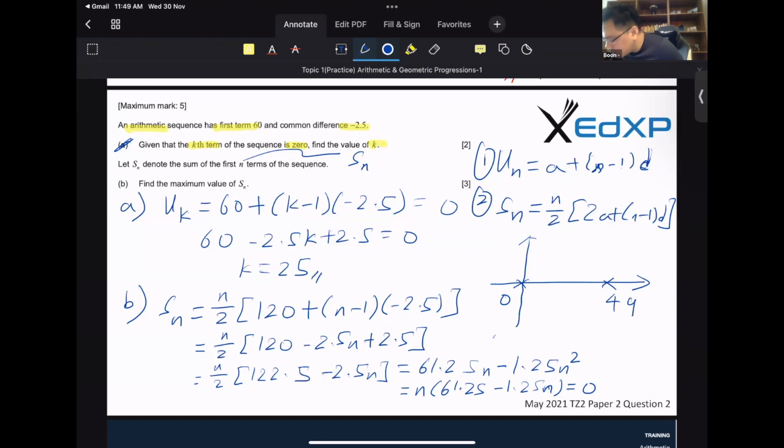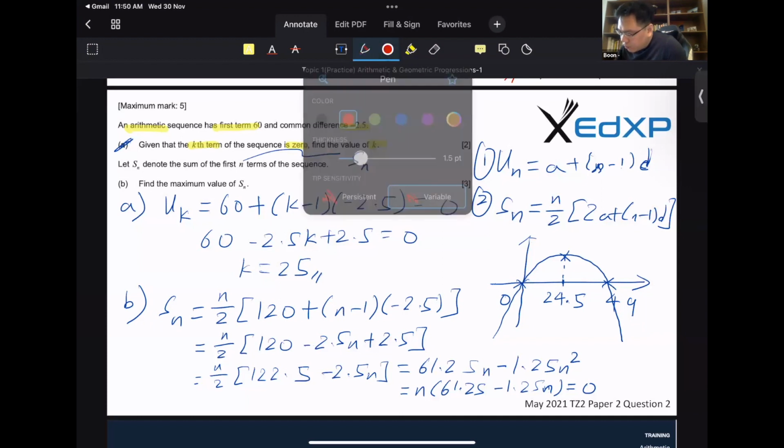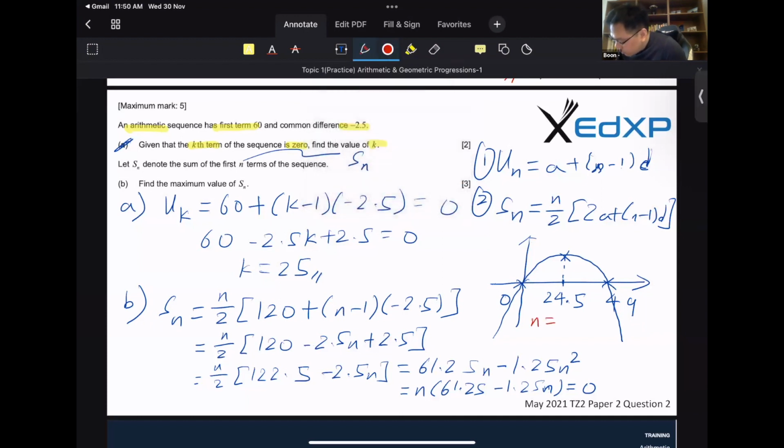Okay, as I mentioned earlier, this is a sad face quadratic, which means that there will be a maximum here, which is what the question is asking for. What is the maximum value? Okay, and if we halve this, 49 divided by 2 is 24.5. Take note that n must be ordinal, must be a positive integer, which means that our highest possible value of S_n is when n is equal to 24.